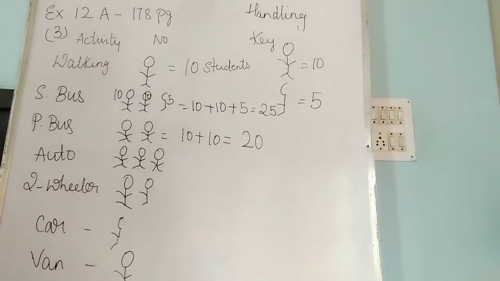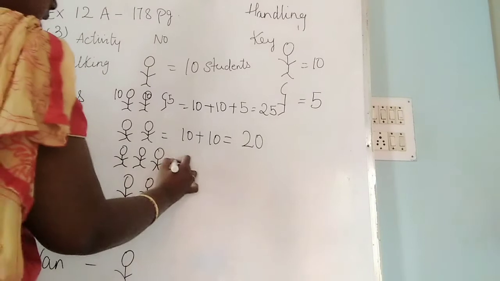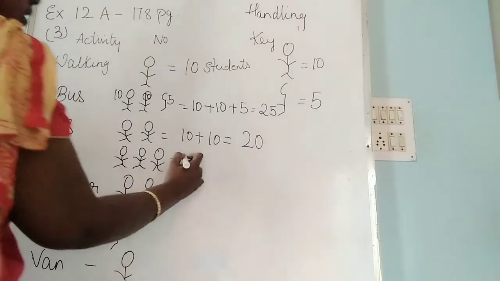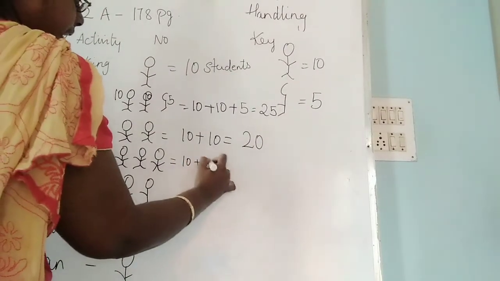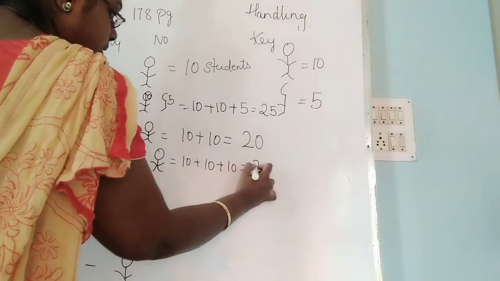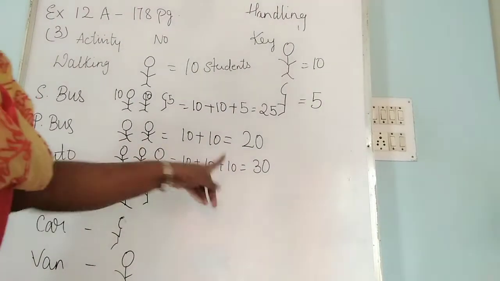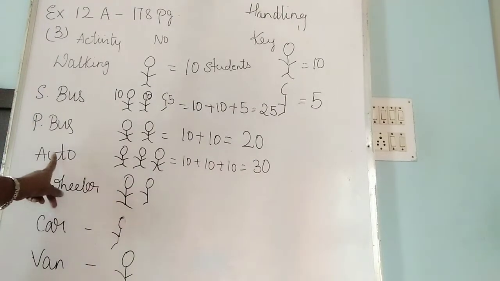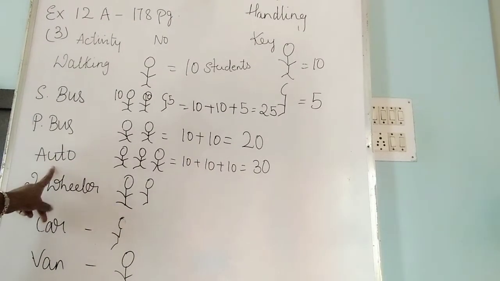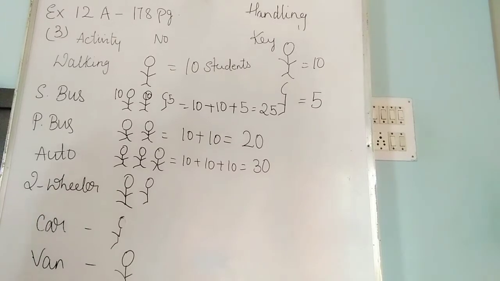Here we have 3 complete dolls. So 10 plus 10 plus 10 is equal to 30. So 30 students come to school using auto rickshaw.